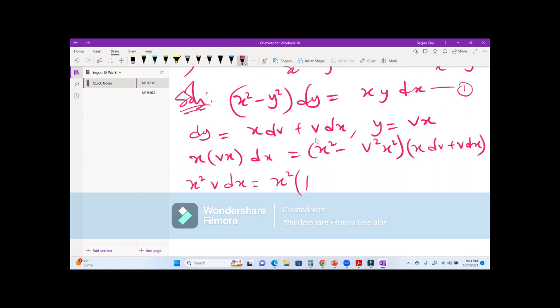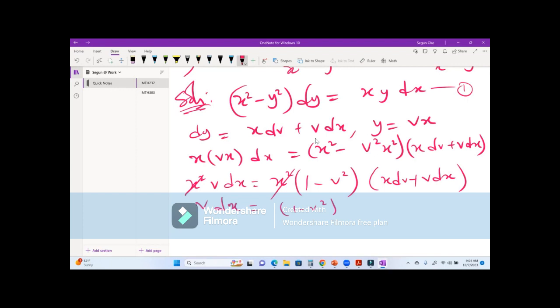I copied it. 1 minus v squared is here. Then I said x dv plus v dx. This goes with this, so it makes our work easier. We have v dx equals to 1 minus v squared.